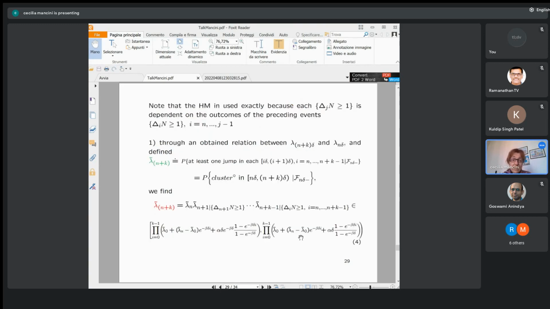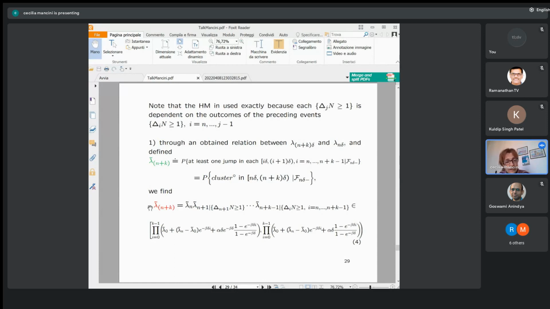Okay, so lambda tilde n plus k is exactly the conditional probability, conditional on the present information, that a cluster of consecutive jumps occurred within the interval from n delta to n plus k delta.